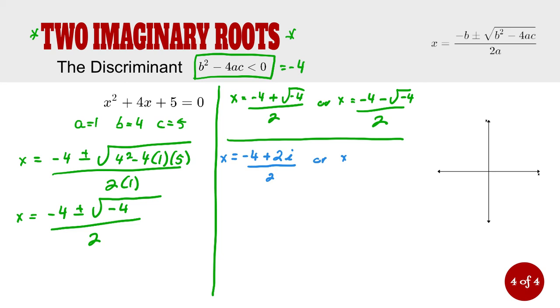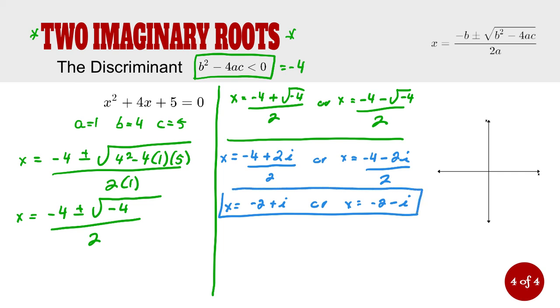And so you can continue a little bit further. And now I'm going to tidy up the fraction. And those are my 2 solutions. In either case, they are 2 imaginary roots.